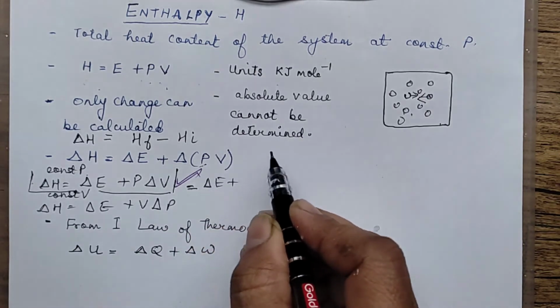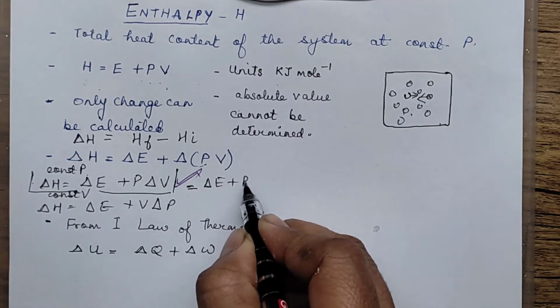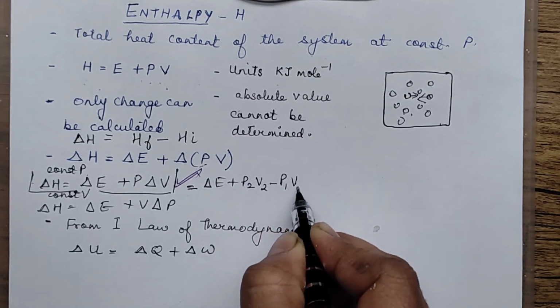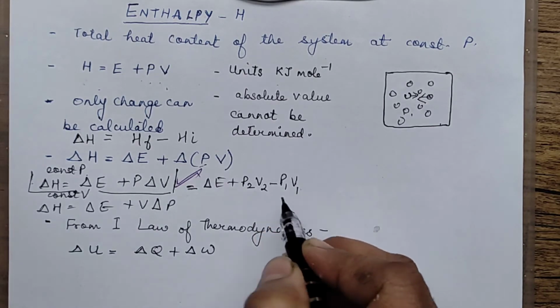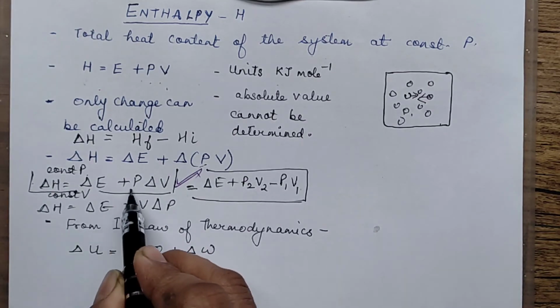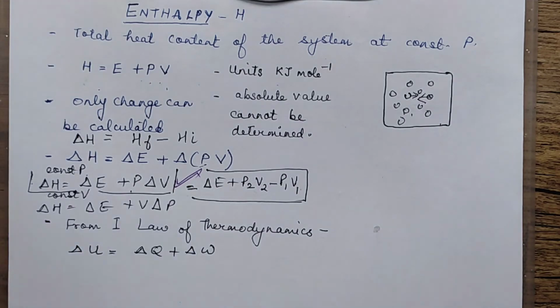Let the pressure and volume be P1, V1 and P2, V2. The difference we write as P2 V2 minus P1 V1. This is the case in case both are changing. Normally we carry out the reactions at constant pressure, so the formula we use is delta H is delta E plus P delta V.